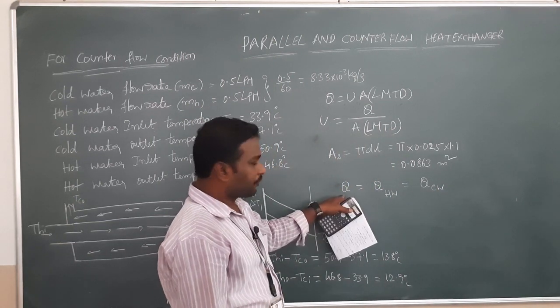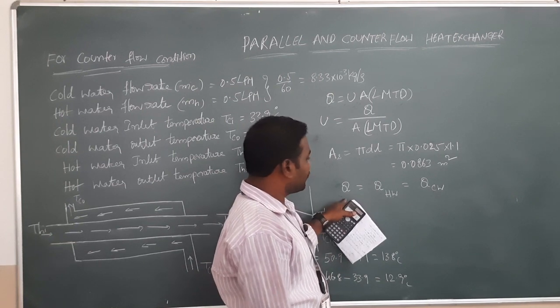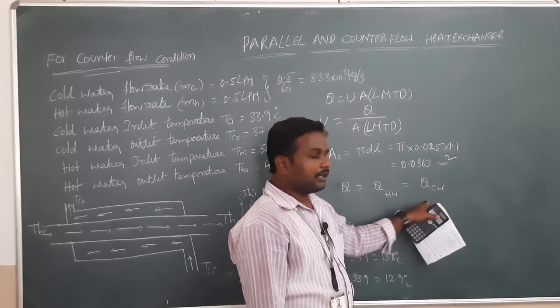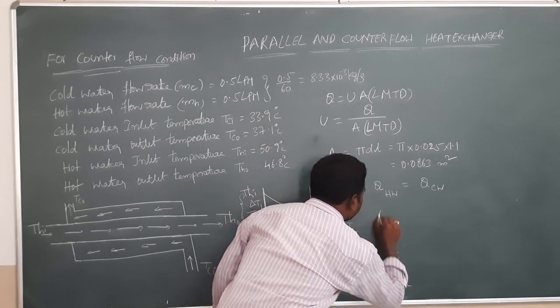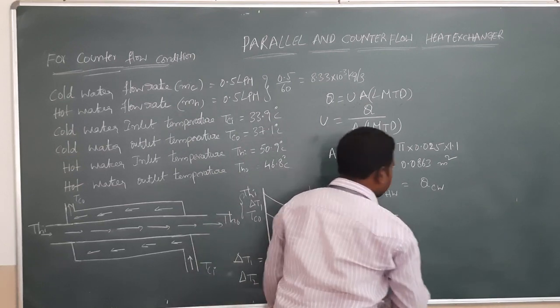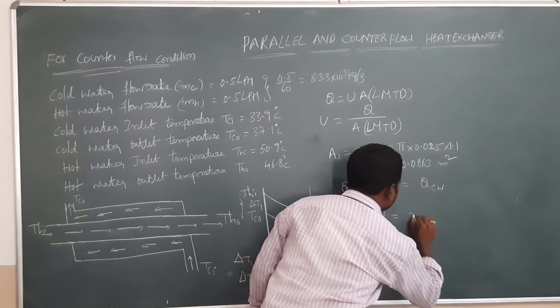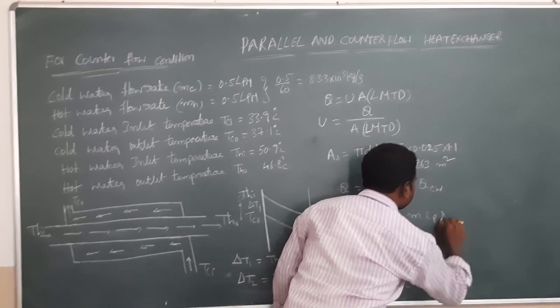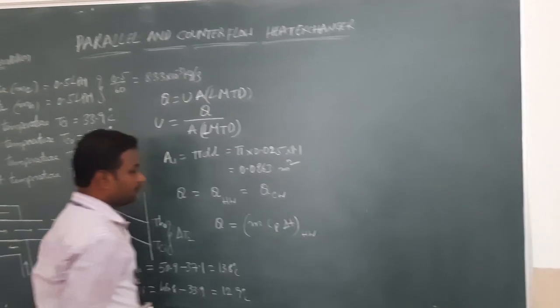Calculate the Q value using either form. Here I am considering the hot water. Rate of heat flow Q equals, we know how to find the amount of energy transferred from the hot water, m Cp delta T of hot water.